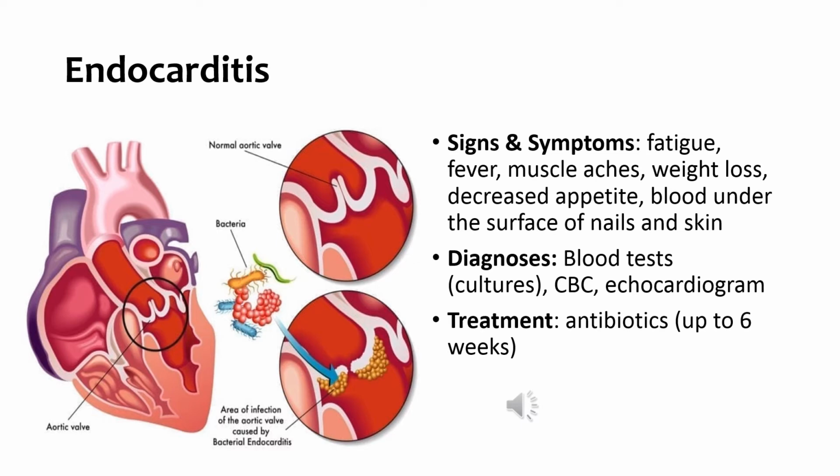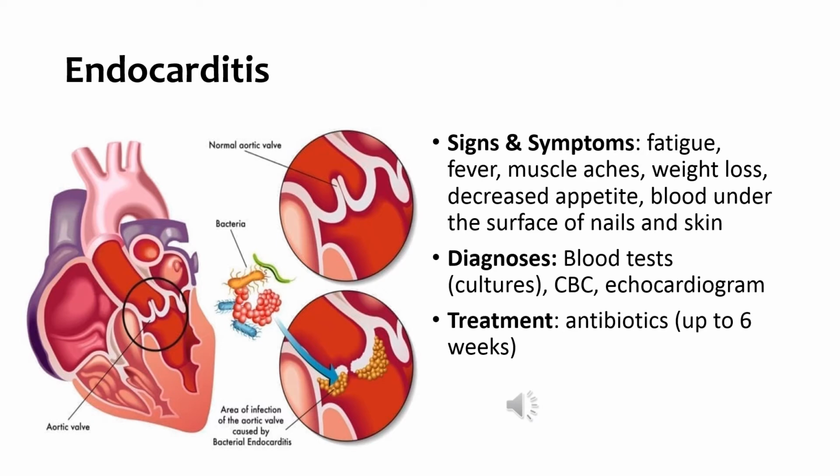How is endocarditis diagnosed? Blood tests can identify the presence of microorganisms that cause infective endocarditis. Other blood tests, including a complete blood count, identify signs of infection or inflammation.